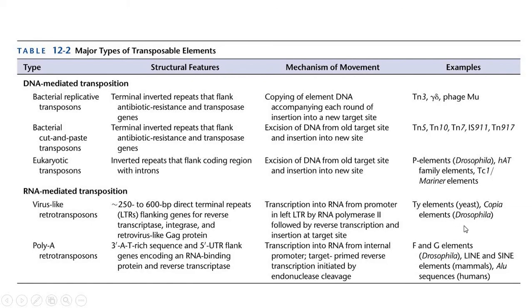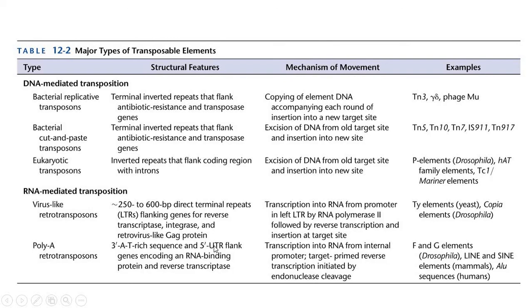These are not as commonly used as the P element. Most of the work that you will read in literature on transposable element-based transgenics, you will probably find more of the P element or Mariner elements, some copia elements as well, not too much of Ty elements. Poly-A retrotransposons we just talked about have this AT-rich sequence, a 5' UTR flanking the coding regions, and that's where the transcription starts.